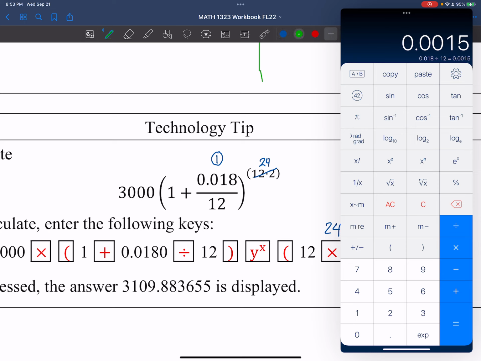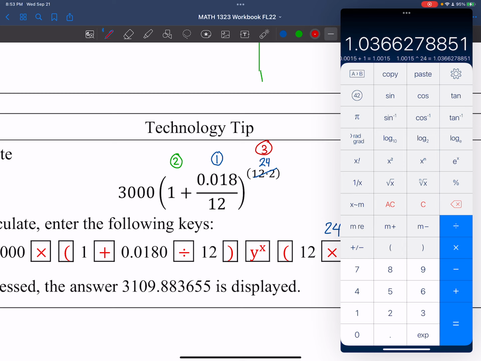Secondly, I'm going to add 1 to that, so plus 1, hit equal. And then we'll do the exponent. The third thing you'll do is this 24. It'll vary a little bit, but on this calculator on the screen, it's going to be this x to the n button. So I hit that, I'll hit 24, I'll hit equals.